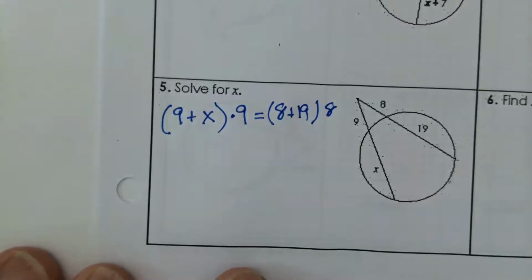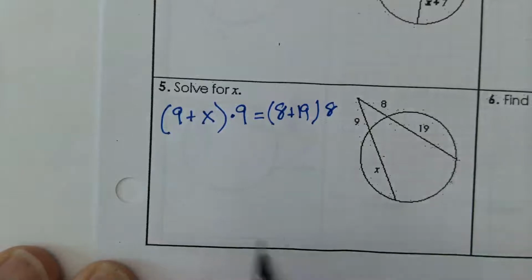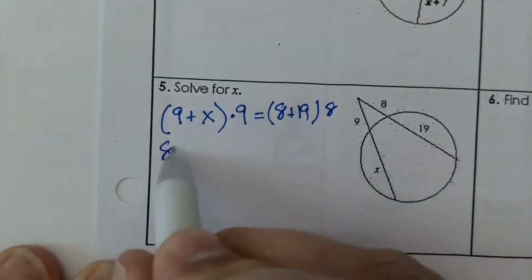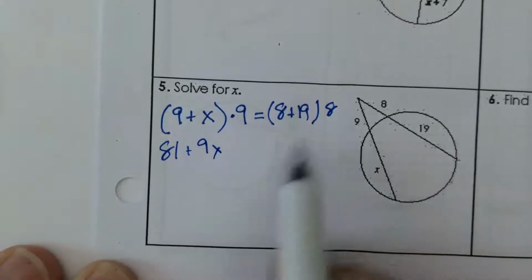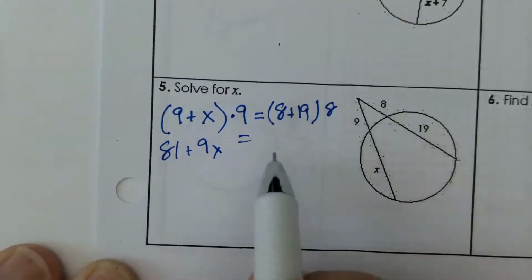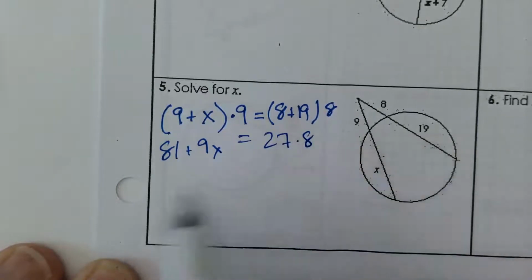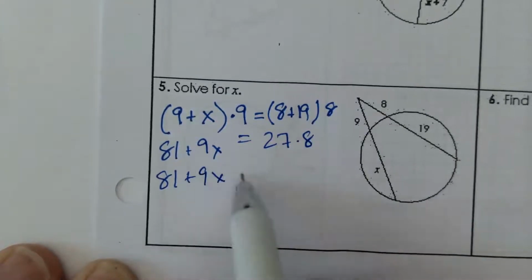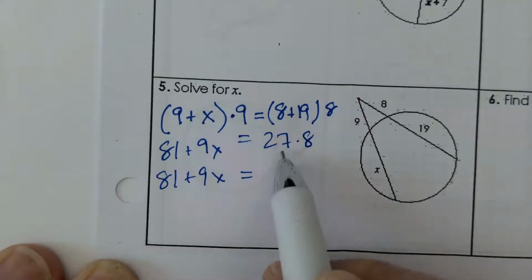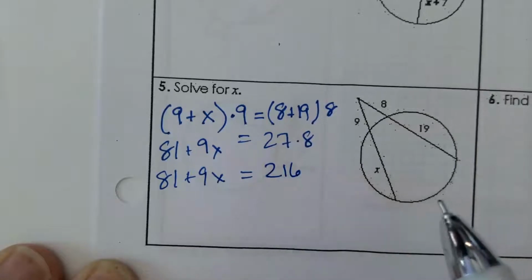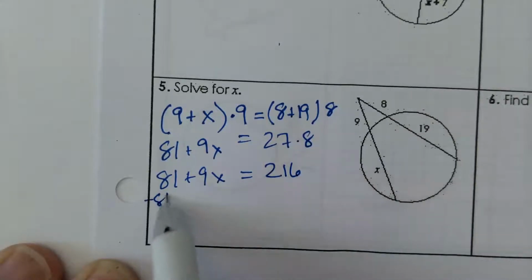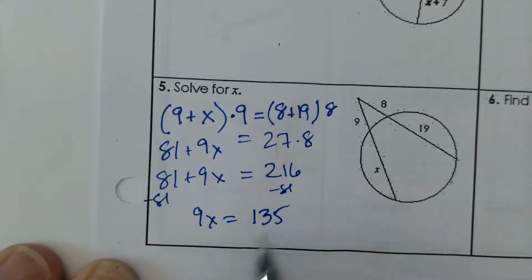Whole times outside equals whole times outside. Then we distribute 81 plus 9x. We could distribute here, or we could clean up in the parentheses. 27 times 8. So 81 plus 9x equals 160, and 56 is 216. Subtract the 81. 9x equals 135. Divide by 9. X equals 15.